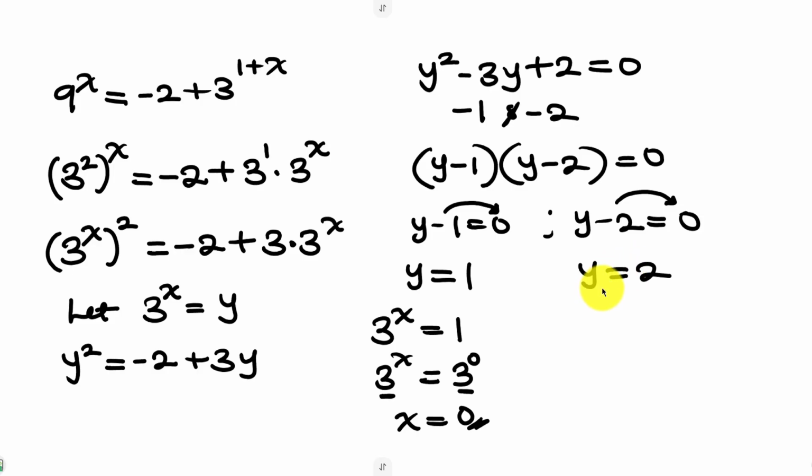Now coming to case 2, let's bring it here. So we have 3 to the x to be equal to y. y from here is 2. Very good. Now there is no way we can write what we have on the right hand side in the base of 3 so that we equate the powers.